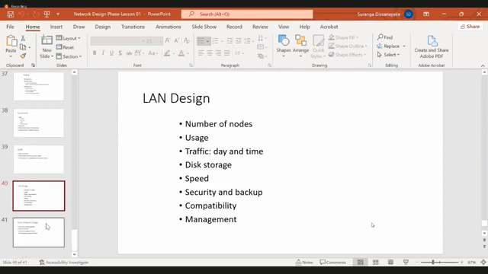Okay, so just for example, let's say if we are going to do the LAN design, based on audit, we can check the number of nodes, the usage, what the traffic is, and the storage. So based on the audit, we can get an idea. So let's say our disk is almost 80% utilized. 80% means in the near future it will be overloaded.